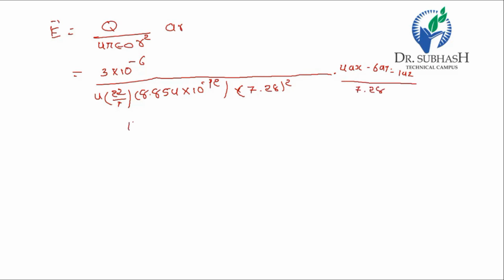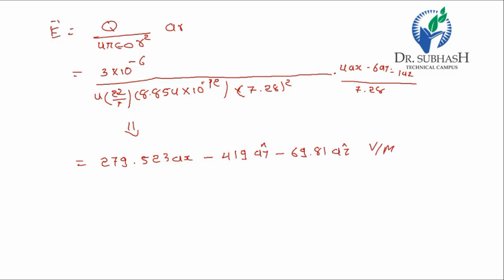If we solve it, we get the final answer: 279.523 in AX direction minus 419 in AY direction minus 69.81 in AZ direction, volt per meter.